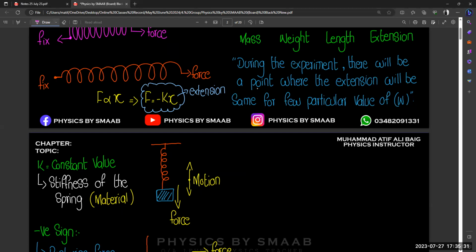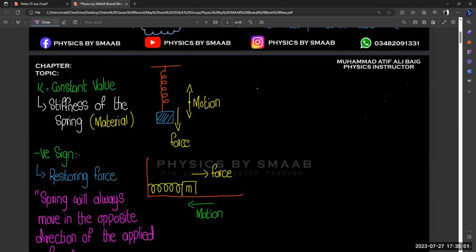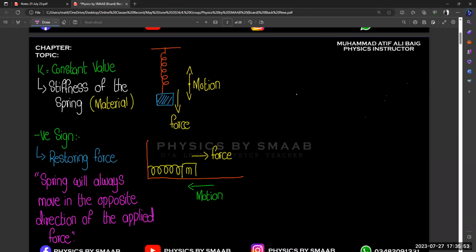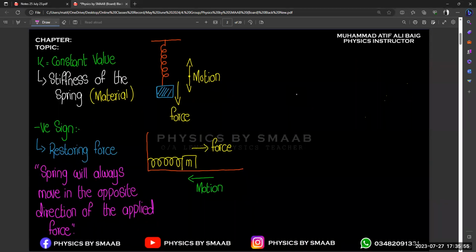But you need to know about the negative sign, because sometimes they ask a theory question for 1 mark: explain the significance of the negative sign in the formula, or what is the meaning of k in the formula. So you need to know about both the constant term and the negative sign. That is the main theme of the negative sign and the value of k.